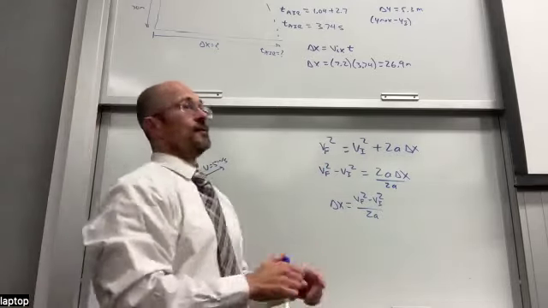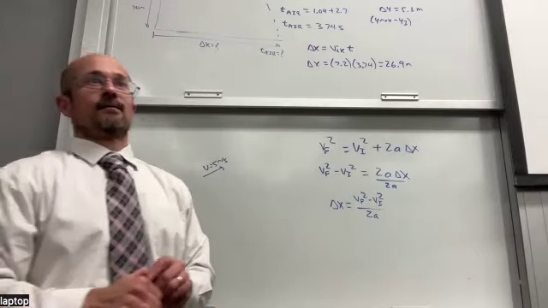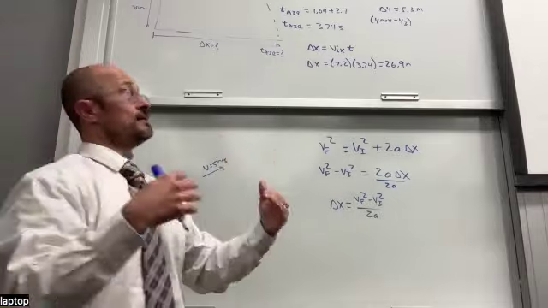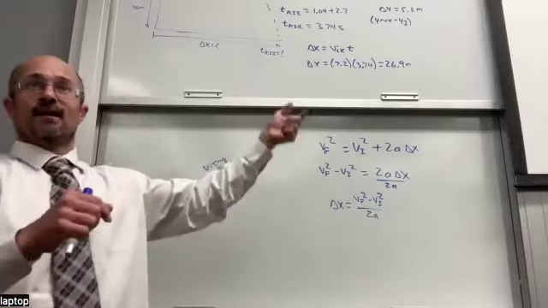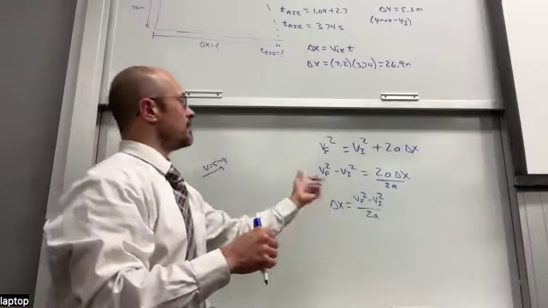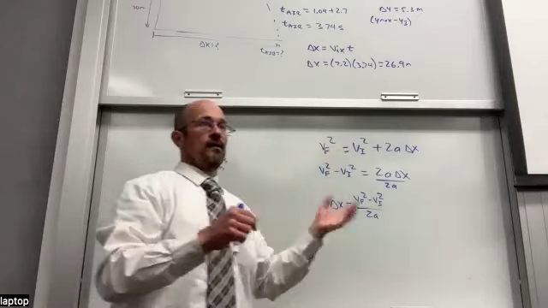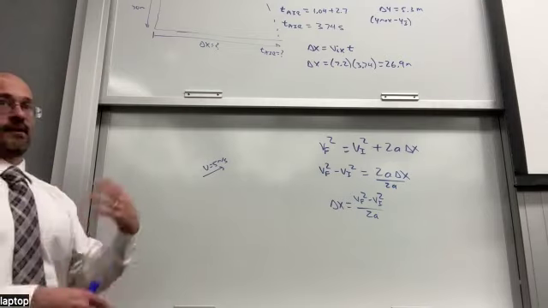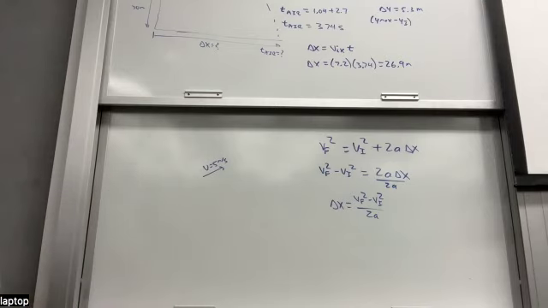That's not a bad one to have on your equation sheet if you don't like rearranging on the fly. That's one of those things I recommend: look at every equation and convert it to solve for one of the other variables on all of them.